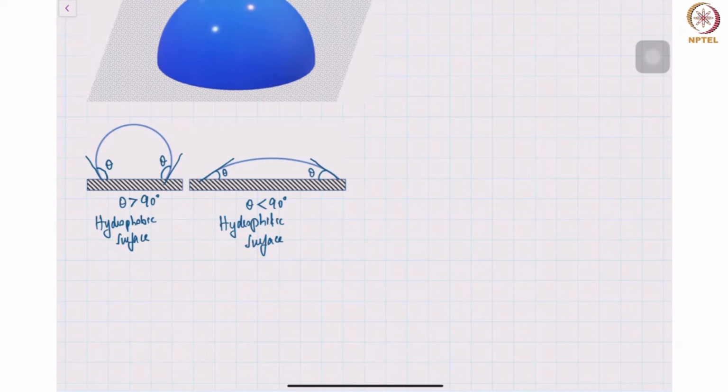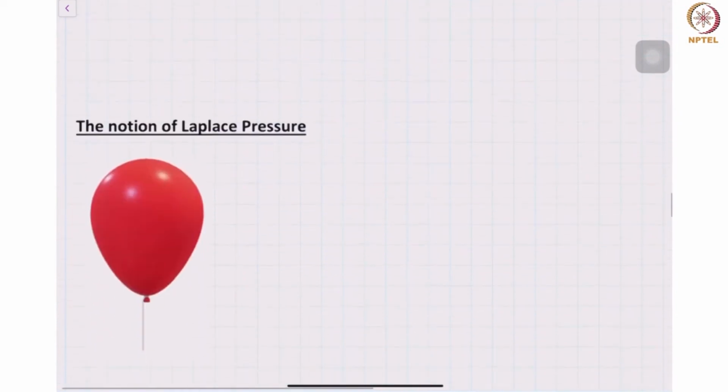But when it is in contact with a solid, there is another interaction with the solid that comes in, and you have new vocabulary that has entered our discussion, words like hydrophobic and hydrophilic. Another vocabulary that is very important when we discuss surface tension is the so-called Laplace pressure. This is something that we will be discussing now.